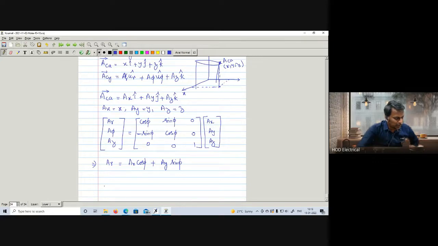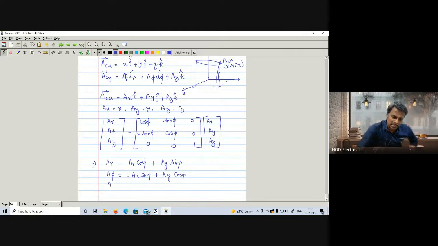Then we can write A phi is equal to minus Ax into sin phi plus Ay into cos phi.